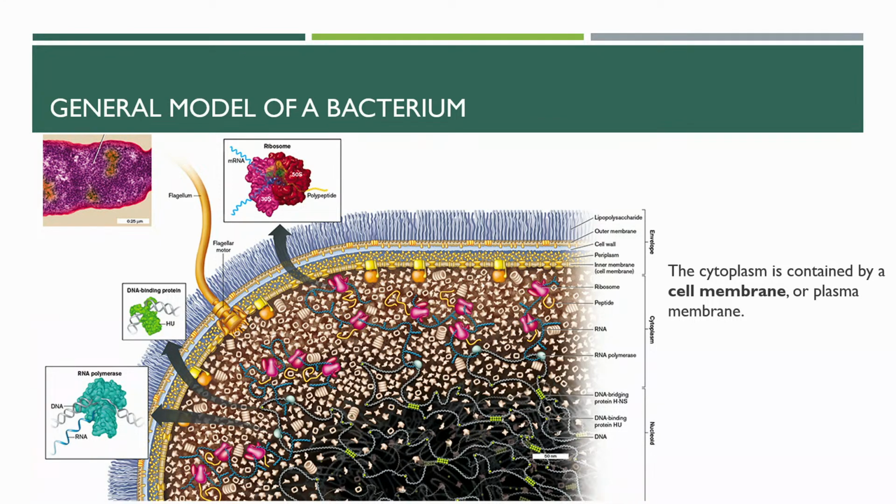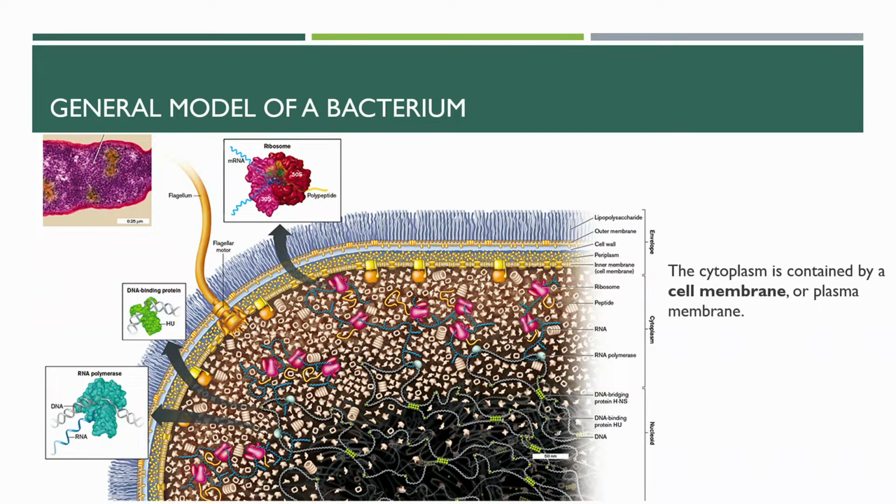Okay, so the cytoplasm, which is over here, is contained by a cell membrane, or what we also call a plasma membrane, so that's up here. It's just contained by having some sort of membrane outside of it. And the cell membrane is really important because it essentially defines the existence of the cell.